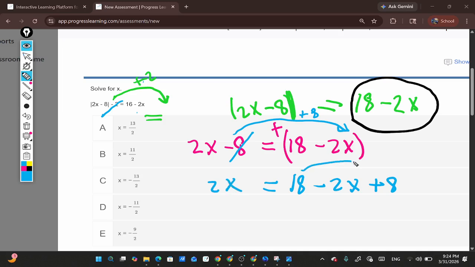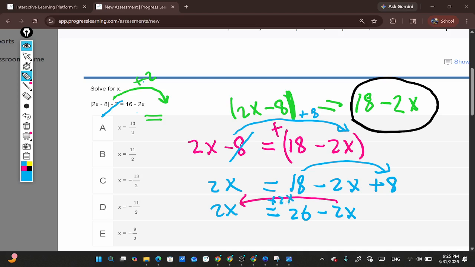Now we have 18 plus 8, which is 26. So we have 2x equal 26 minus 2x. Now we can use the addition property again, adding like terms later like this. So we have negative 2x, so what we can do is move the 2x to the other direction. So we end up with adding 2x.